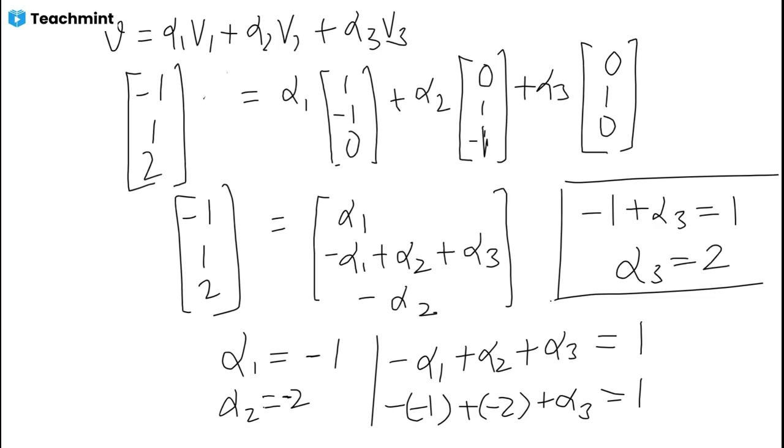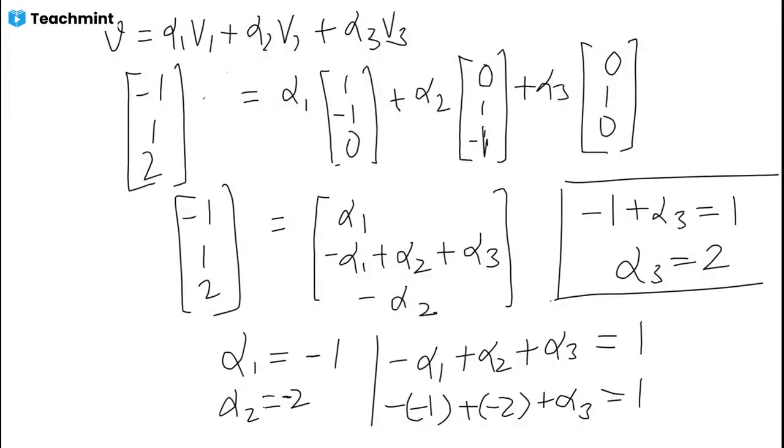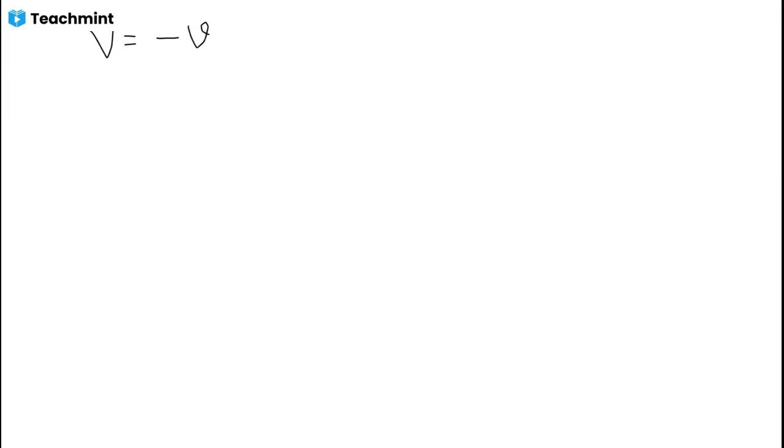Now this linear combination can be expressed using the values of these scalars. Alpha 1 is minus 1, so we have minus V1 plus 2 V2 plus 2 V3.